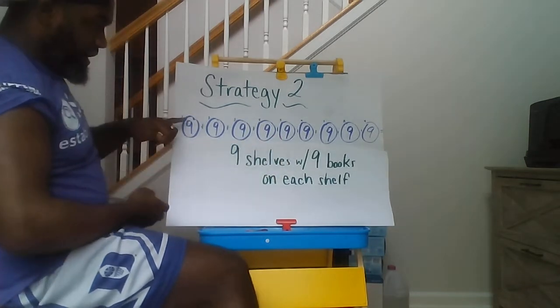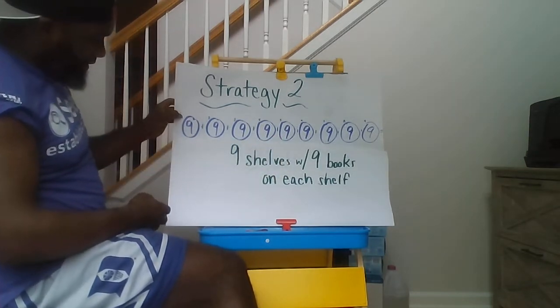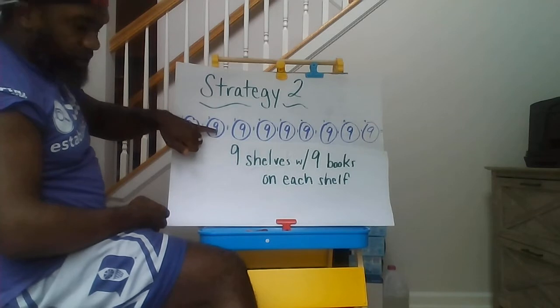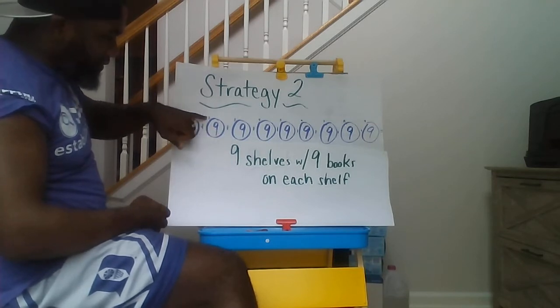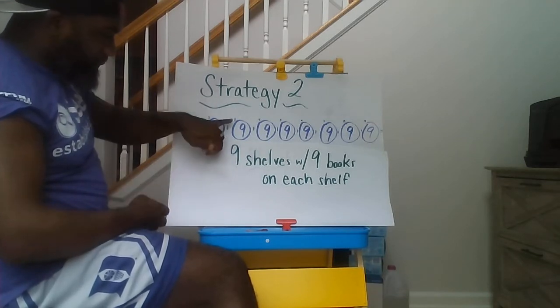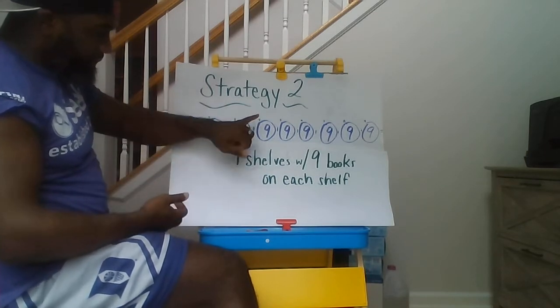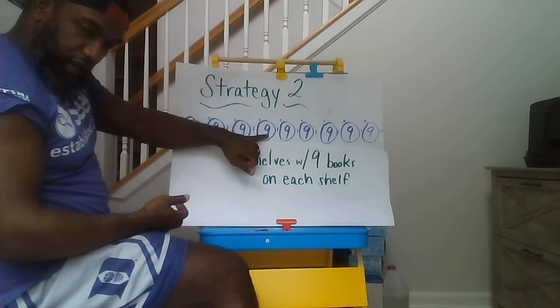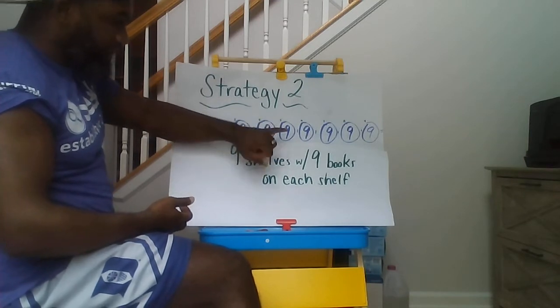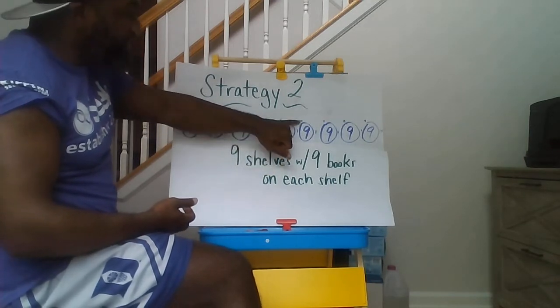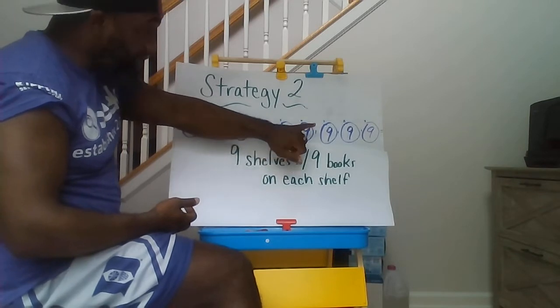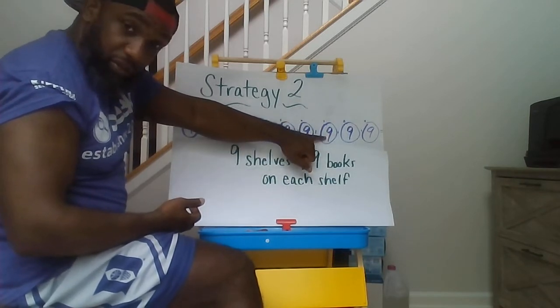So, our first shelf, we had 9, shelf number 1. Our second shelf, we had 9 more, shelf number 2. Our third shelf, 9 books. Fourth shelf, 9 books. Fifth shelf, 9 books. Sixth shelf, 9 books. Seventh shelf, 9 books.